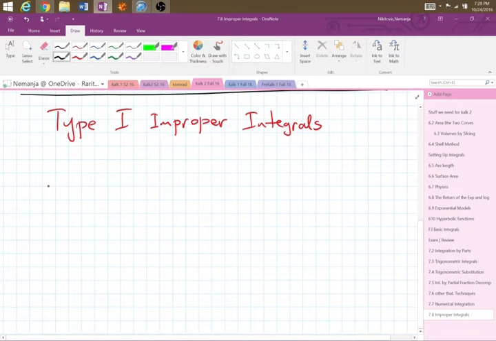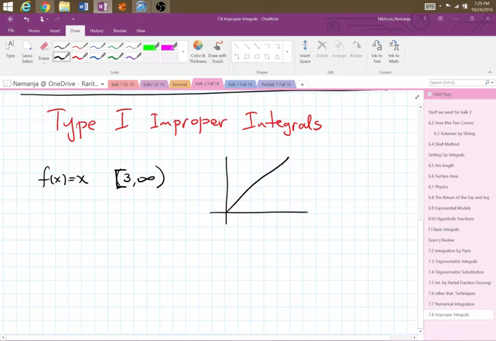To illustrate how this works, let's take a look at the function f of x equals x, and we would like to calculate the area under the curve from 3 to infinity. We could graph it.